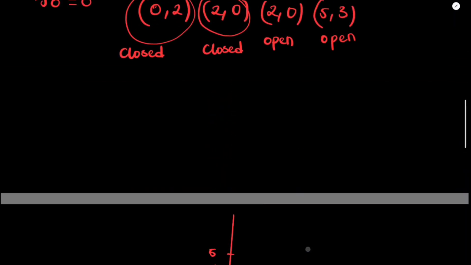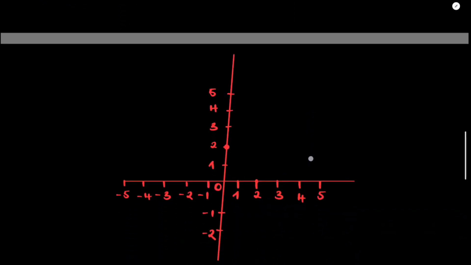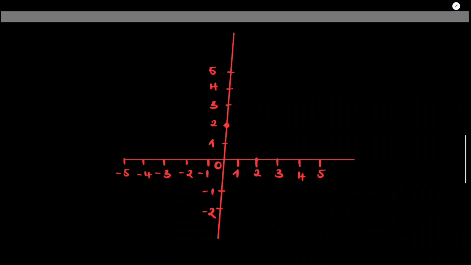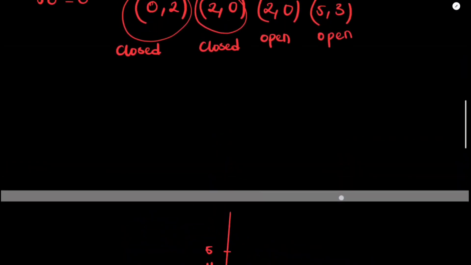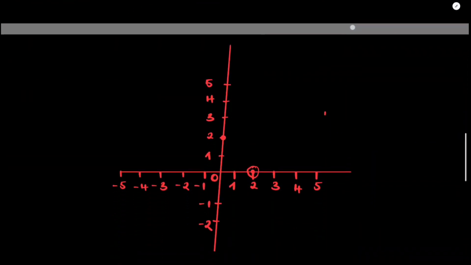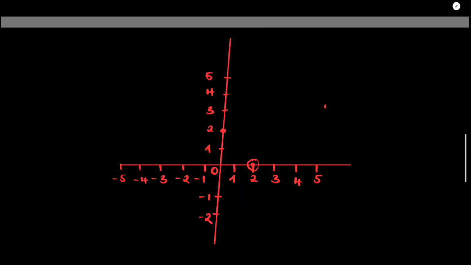The third is when x is 2 and y is 0, but at that point it is open, so we'll have a circle. And the last one, when x is 5 and y is 3, in that case it is open. So that is what we have.